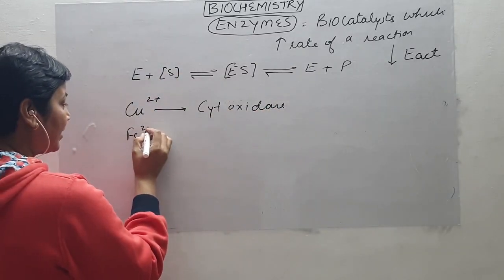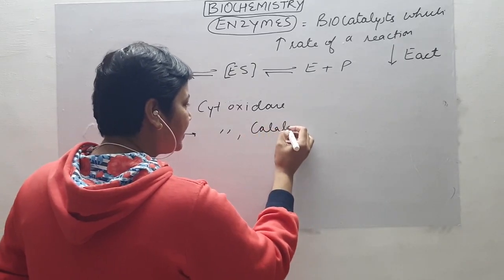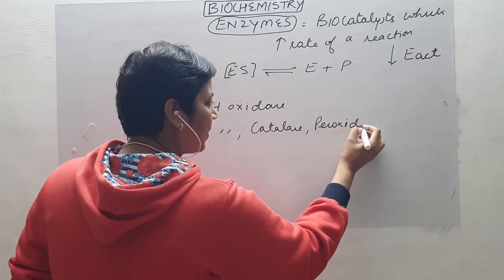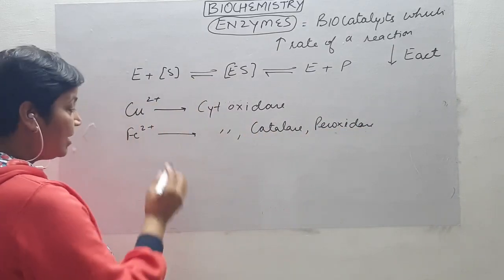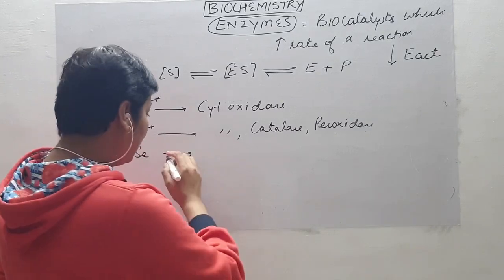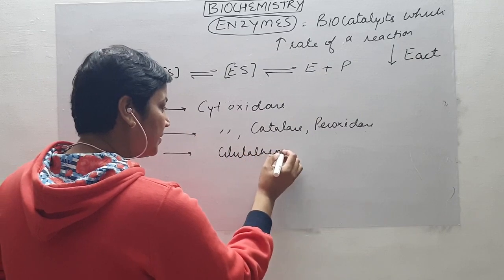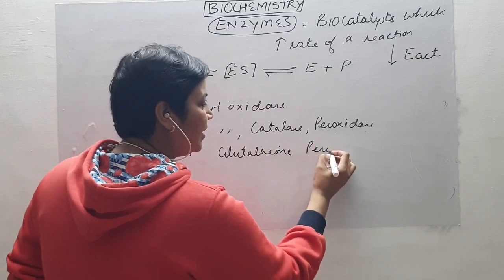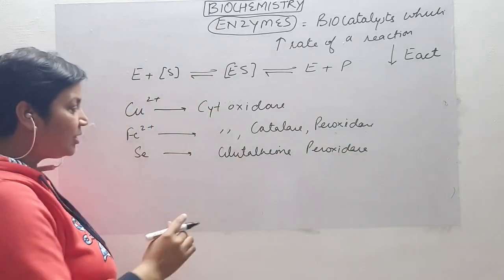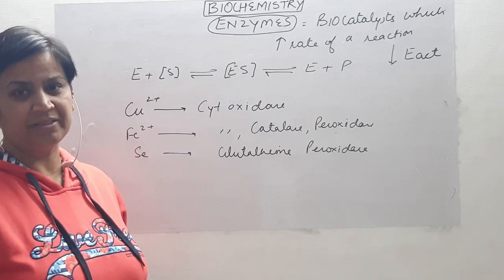Iron is a cofactor for cytochrome oxidase as well as catalase and peroxidase. Similarly, selenium, a very important trace mineral, is a cofactor for glutathione peroxidase. So these are some examples of the cofactors.